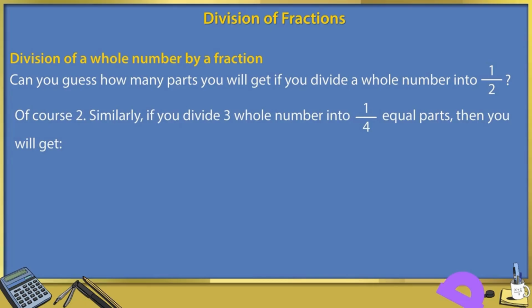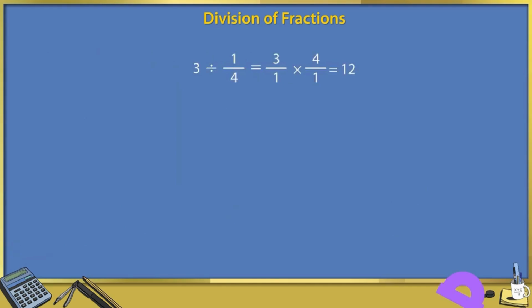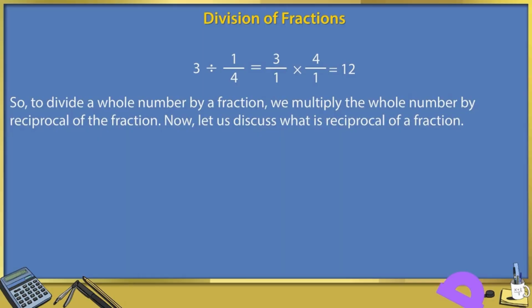Similarly, if you divide 3 whole numbers into 1 by 4 equal parts, then you will get 4 parts plus 4 parts plus 4 parts is equal to 12 parts. 3 divided by 1 by 4 is equal to 3 by 1 into 4 by 1, which is equal to 12. So, to divide a whole number by a fraction, we multiply the whole number by the reciprocal of the fraction.